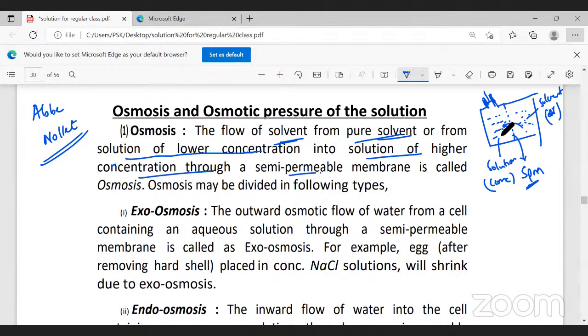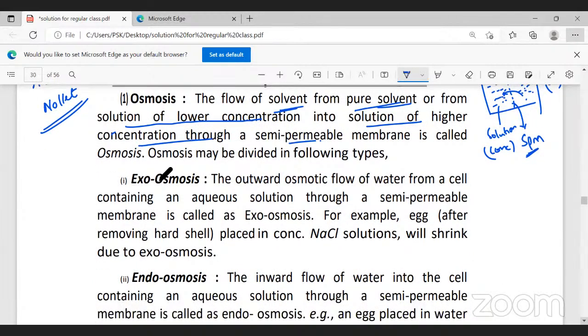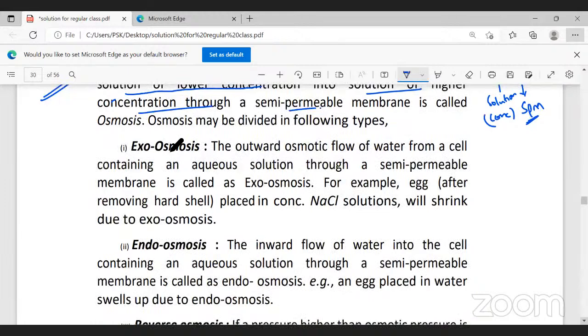Movement of solvent particles from a region of lower concentration to higher concentration, or from pure solvent to solution, through a semi-permeable membrane is called osmosis. Now we will learn what osmotic pressure is. I defined osmotic pressure also last class, but before learning osmotic pressure, we will learn exoosmosis and endoosmosis.